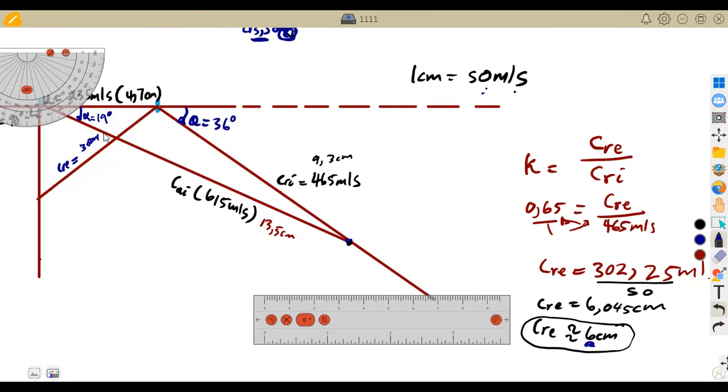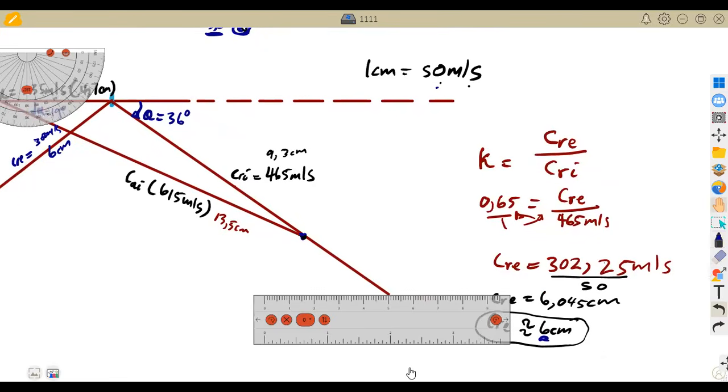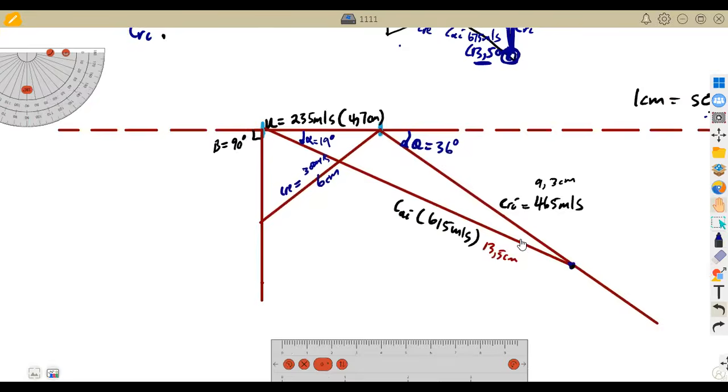So 300 meters per second at 6 centimeters, as we are presenting in terms of our diagram. On the diagram, we see 6 centimeters. That's why you can multiply by 50 to get 300. All right. But the actual value that we obtained is 302.25 meters per second for our relative velocity in this case. So that is how you can attempt this question.